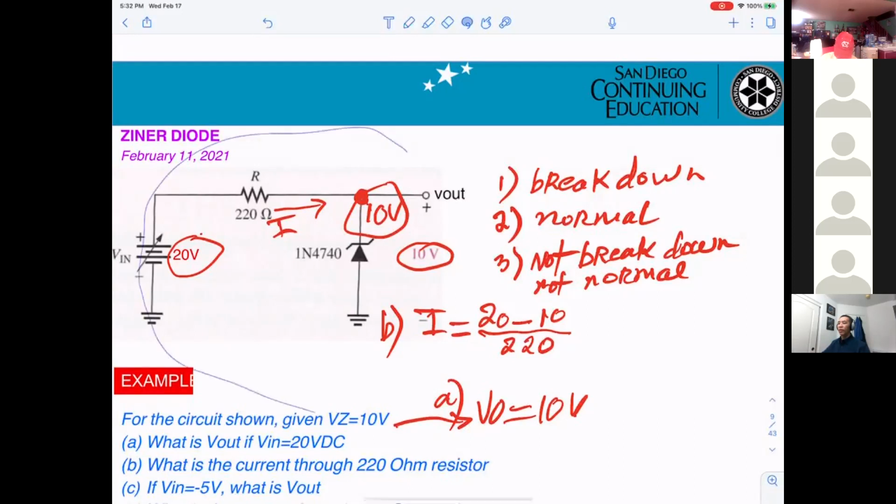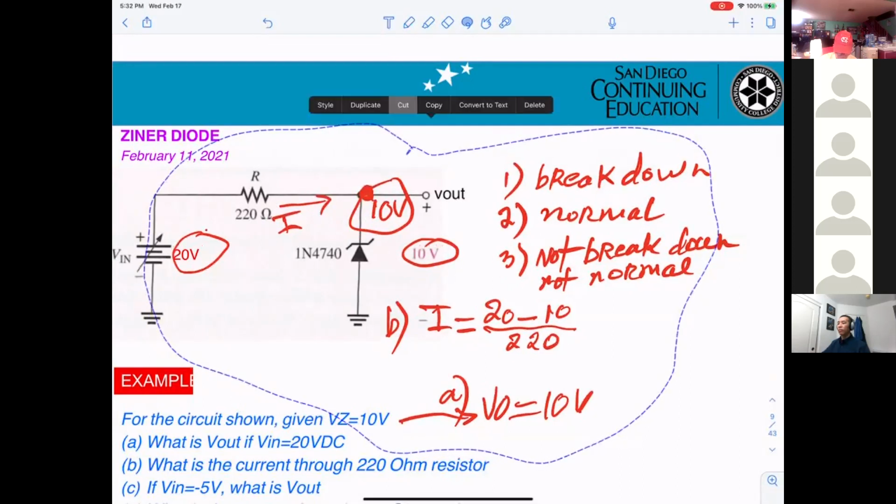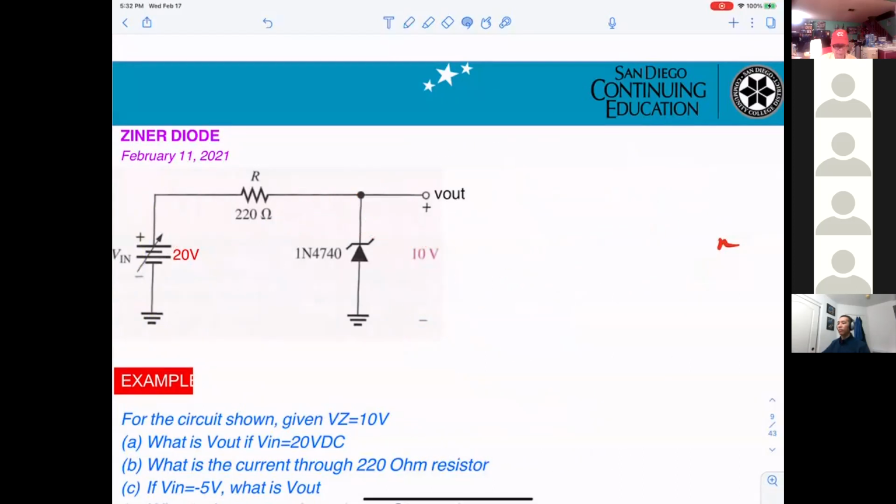The Zener diode can be used as a component for an adjustable voltage gate. That doesn't matter. The only thing is they want to keep a certain voltage, designed already.